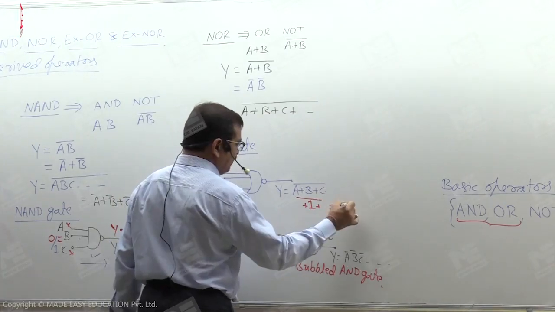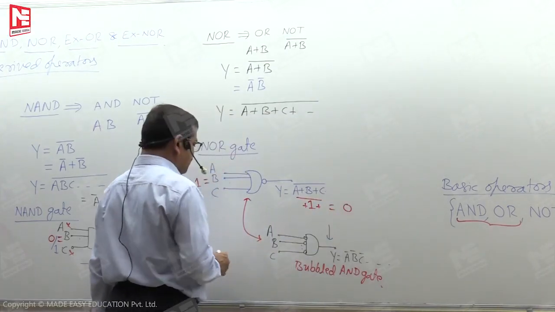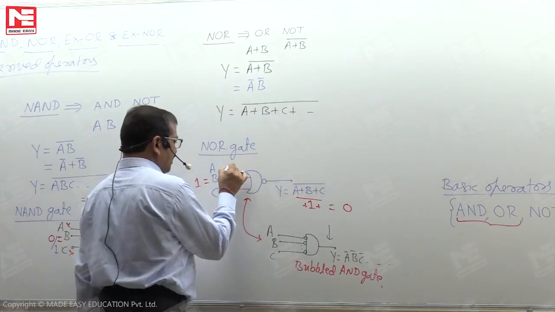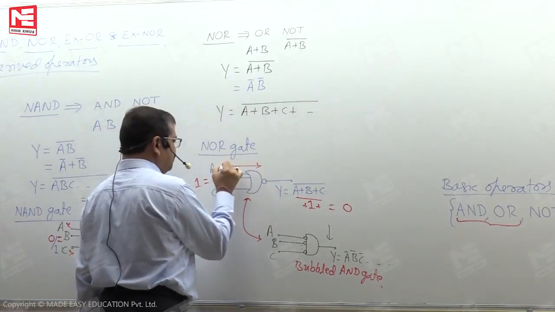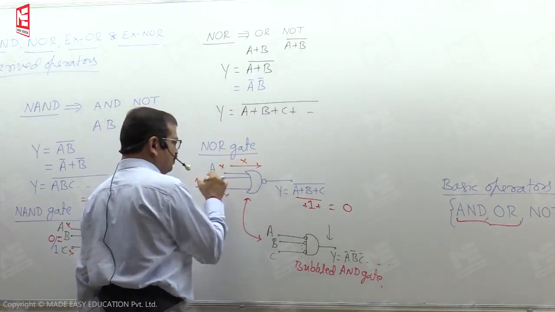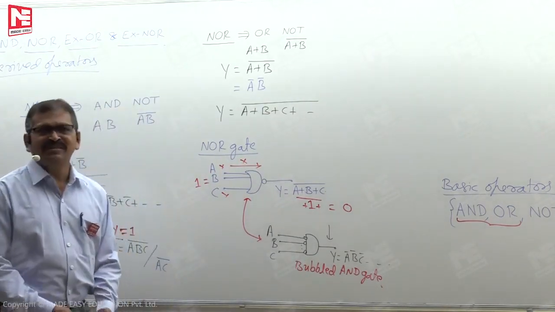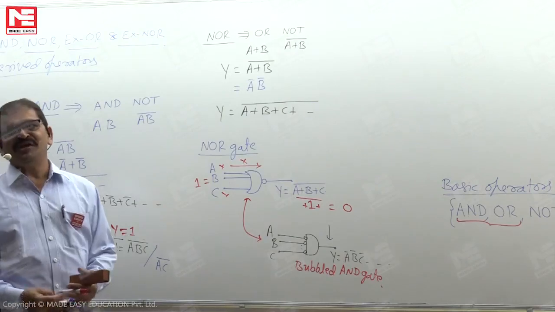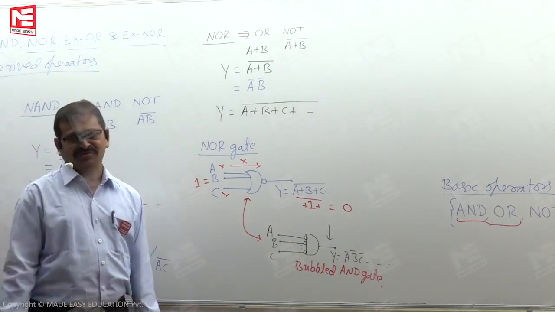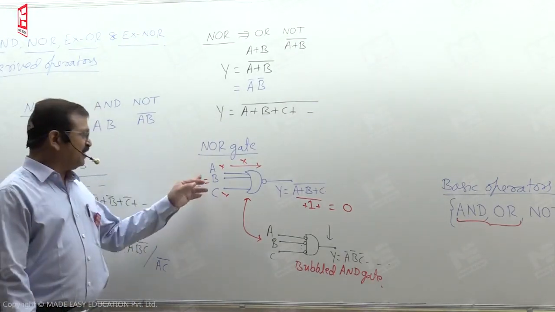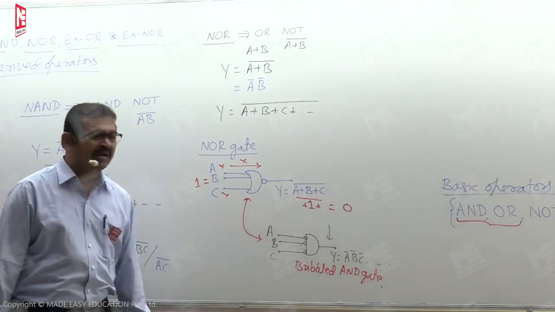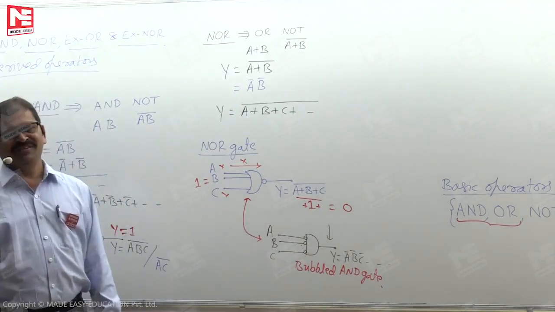This is 1 complement effectively, so 0. It means this A and C variables are not getting a chance to pass. Whenever A and C variables are not getting a chance to pass, such a state of the logic gate we name as the disabled state or inactive state. So based on this, this input B equal to 1 must be named as a disabled input.